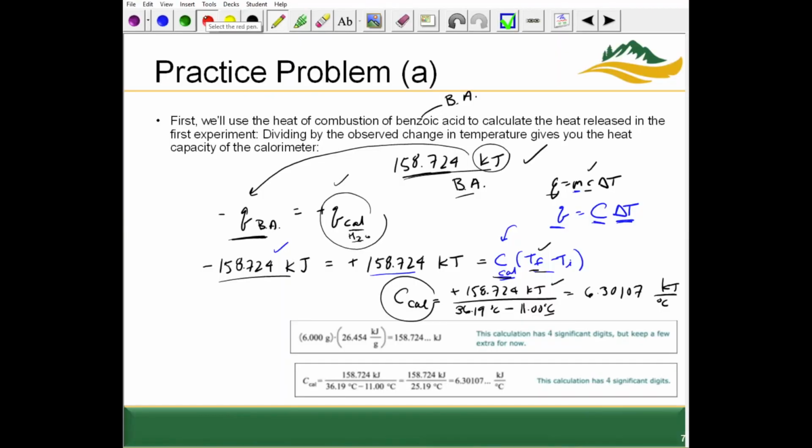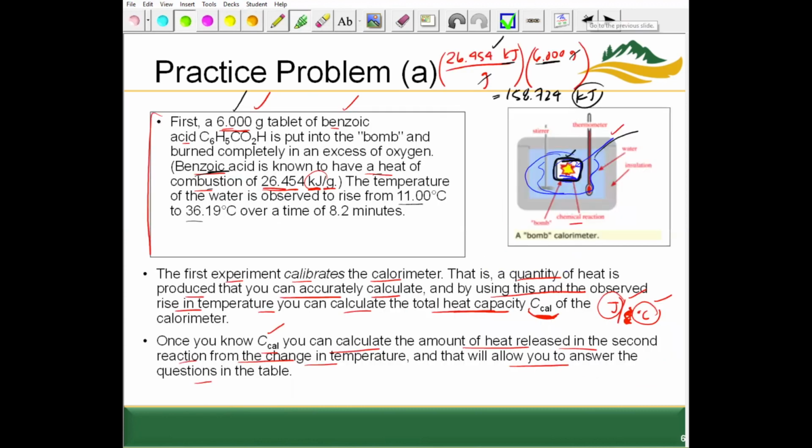The reason we could use the first experiment to obtain this important piece of information that we need, the heat capacity of the calorimeter, is because we knew exactly how much benzoic acid we put into this reaction vessel, and we know this given heat of combustion for benzoic acid in units of kilojoules per gram.